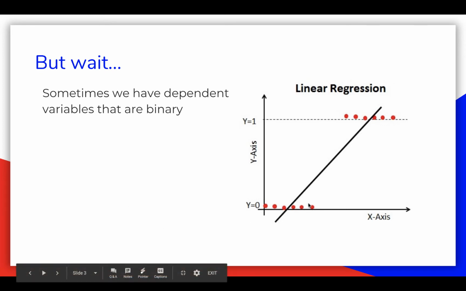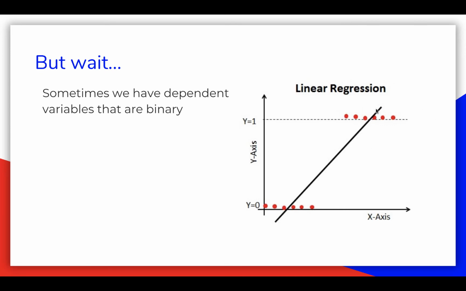So what we can see here is we have some values down here that are 0 and some up here that are 1, and we have fit a line to it. We've used OLS to fit this data. The problem with this is that in some cases it's predicting out of bounds.